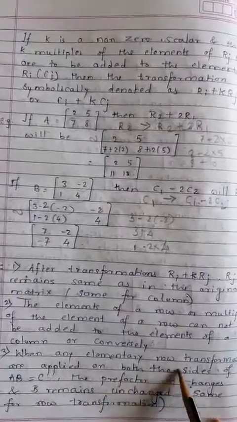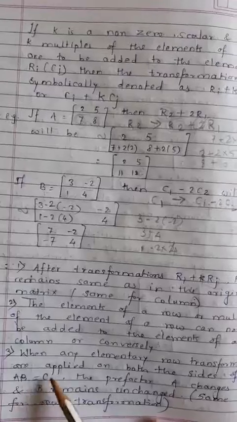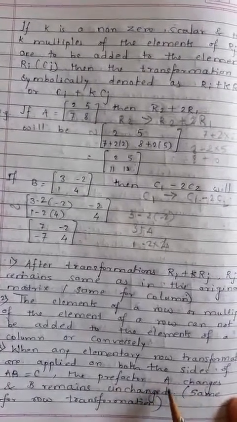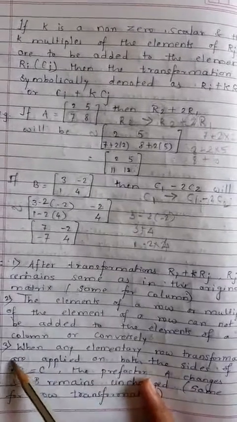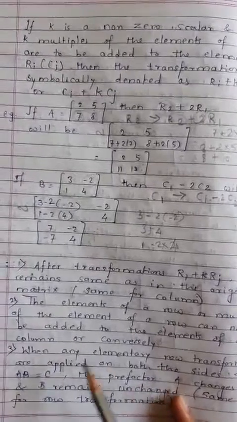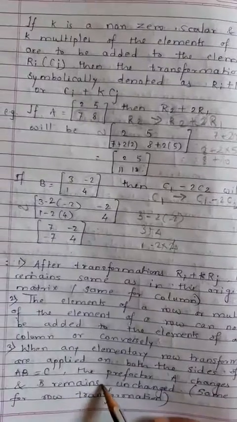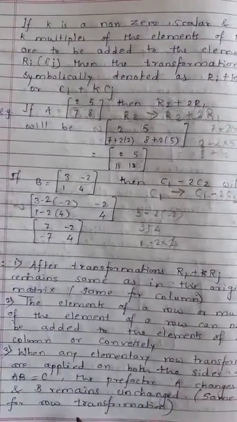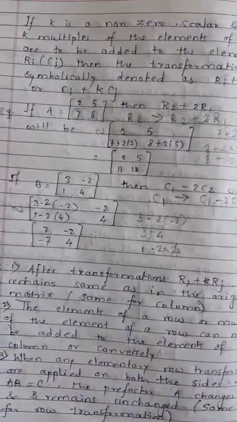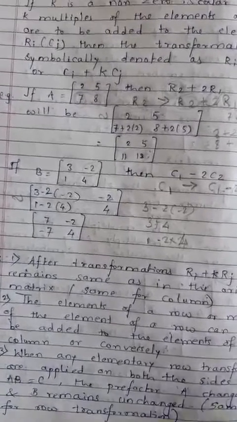When any elementary row transformation is applied on both sides of AB is equal to C, the prefactor A, prefactor meaning the one before B, that is why we call it a prefactor, A changes and B remains unchanged. Same for column transformation. Again we will see this note in detail while seeing that kind of example.